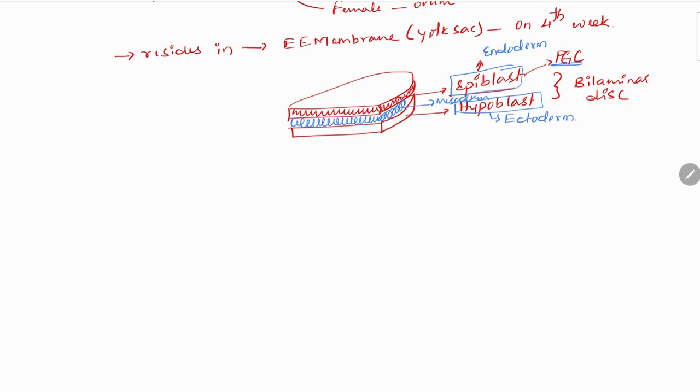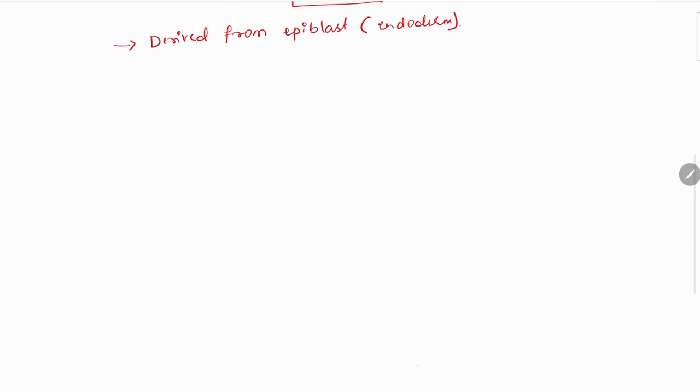So PGCs form from the epiblast, and indirectly we say that endoderm is the origin of the PGCs. So we say they are derived from epiblast, and in brackets we write endoderm.